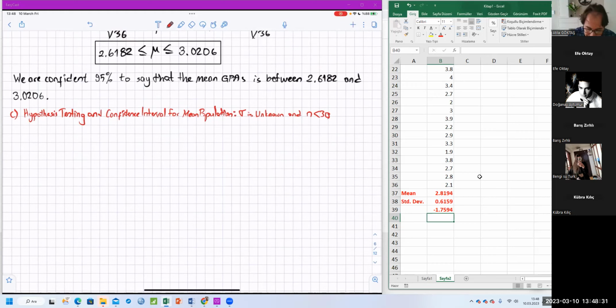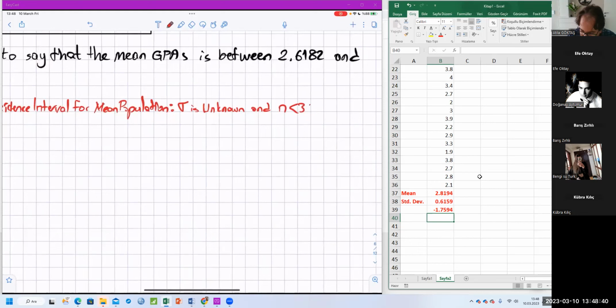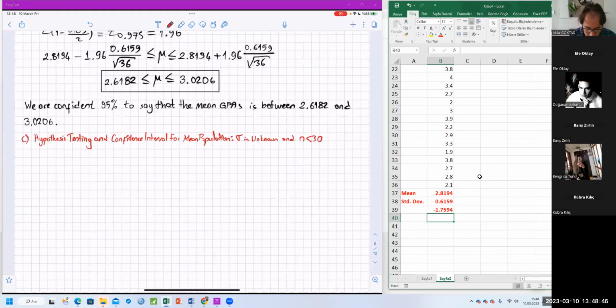The calculation is exactly the same as for n greater than 30. The only difference is we're not using the same critical value. We're using this time the t distribution. The critical value will be obtained from the t distribution.